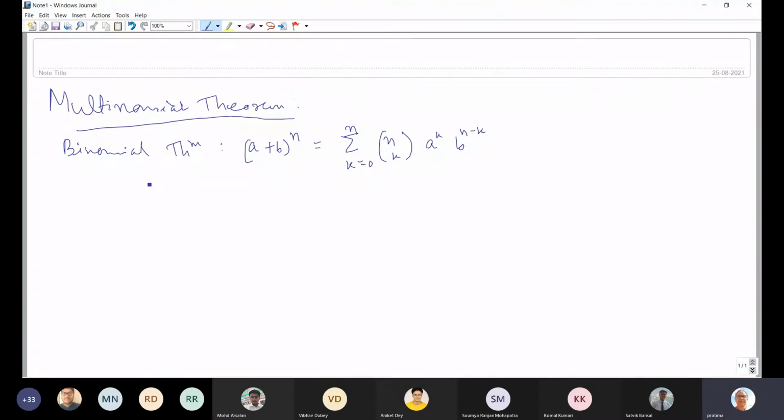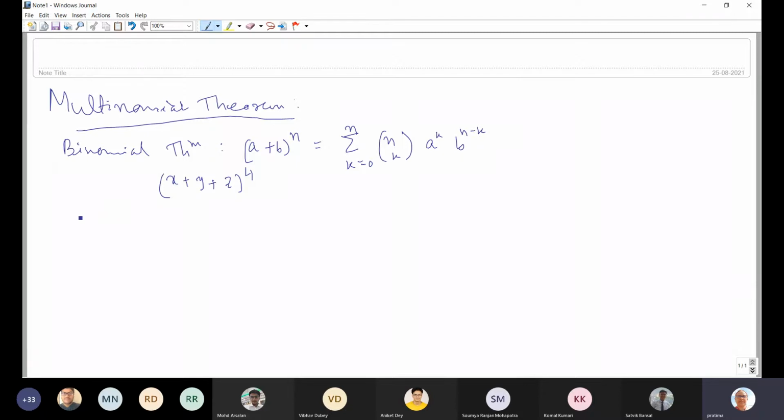This is, in fact, not new for you. You must have seen x plus y plus z, whole to the power, say, 4. That type of expression we have seen earlier, and you know what it will be.